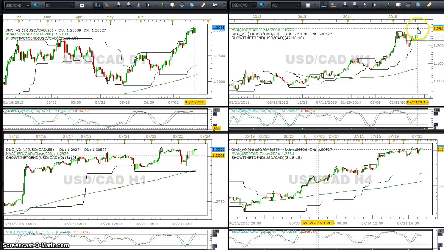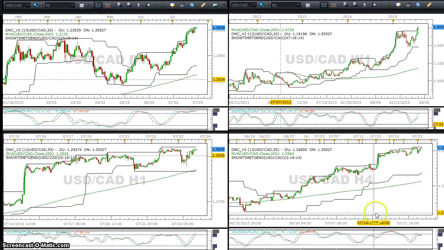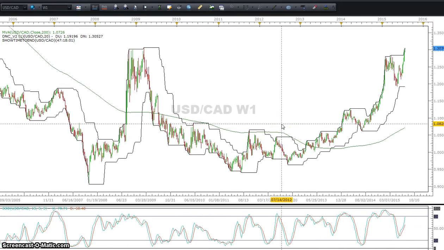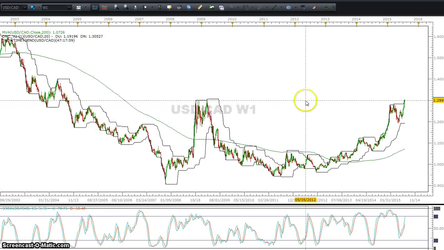So we're making higher highs and higher lows on the weekly. We're making higher highs and higher lows on the daily. Same way, obviously, on the 4-hour. And on the 1-hour, we had a little bit of a pullback, didn't touch that lower channel line. But I want to go back to the daily chart here just to see, because I always like to see how far a pair has room to run here.